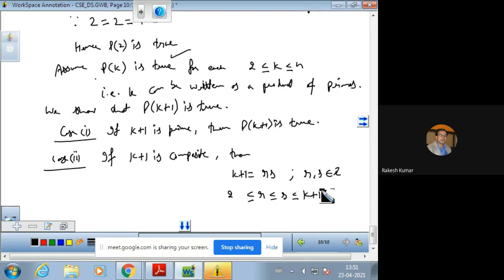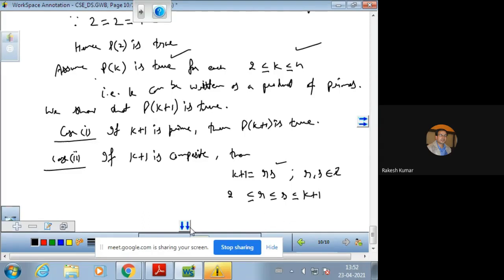क्योंकि ये हमारे पास प्रॉपर्टी ये एक तरह से ये जो n है वो क्या जो फैक्टर है k plus 1, वो हमारे पास ऐसे यूज करके लिखा जाता है, that is the product of a composite, and 2 is less than or equal to r, less than or equal to s, less than or equal to k plus 1 by using this.